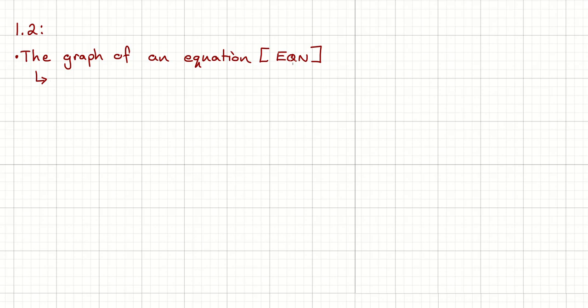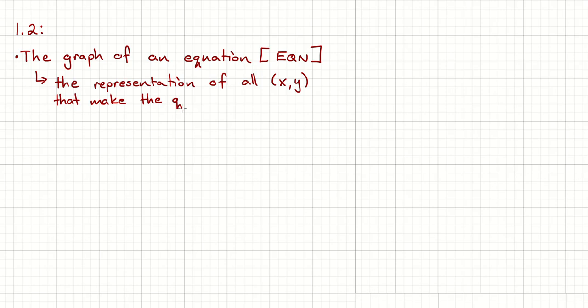But when we deal with graphs, all we are looking at is the representation of all points, or ordered pairs if you would rather, and I'm not even going to say that word, I'm going to say x comma y, that make the equation true. A graph of an equation is simply going to be the representation of all the points of the form x, y that make the equation true.